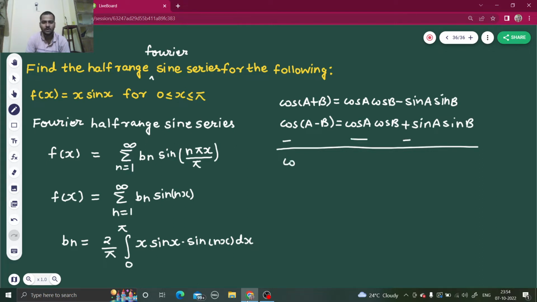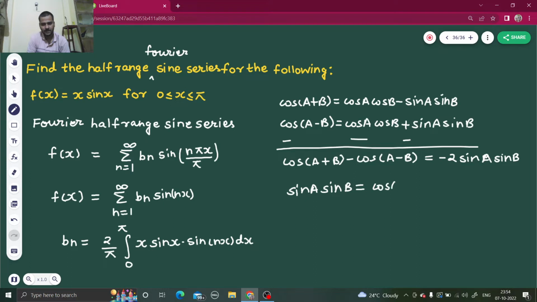So we will get cos(a+b) minus cos(a-b) equals minus 2 sin a sin b.